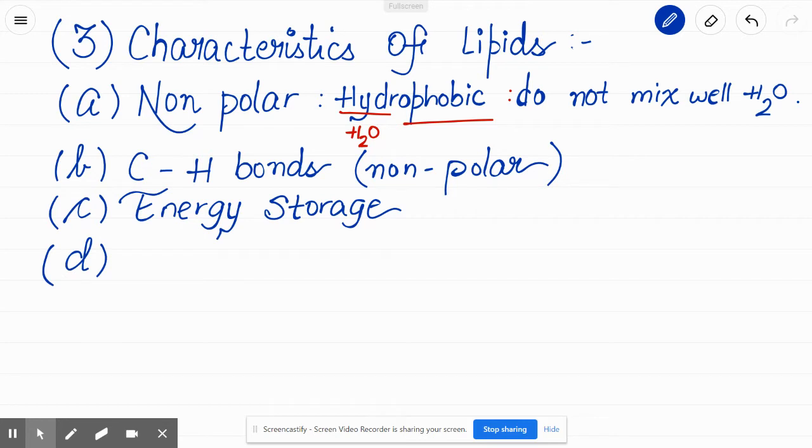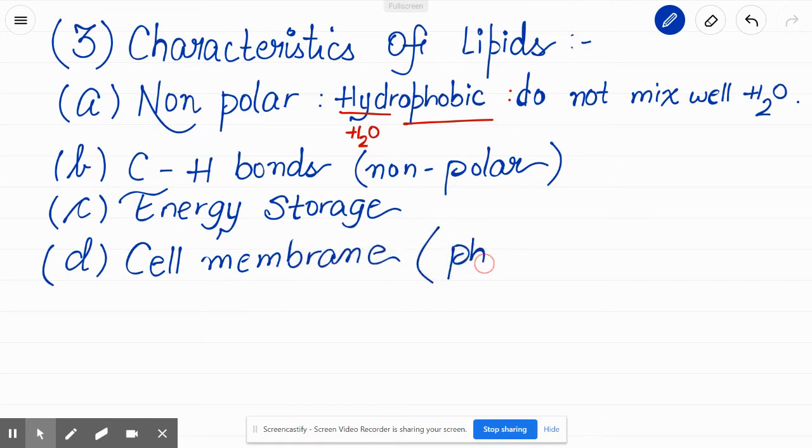Next, they also make up the cell membrane. And in this category, especially phospholipids make up the cell membrane.